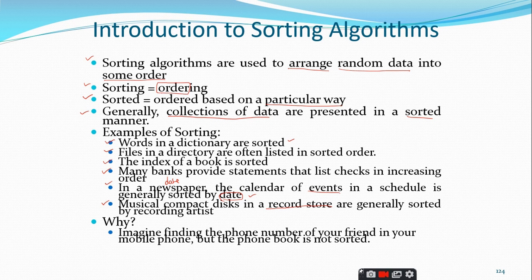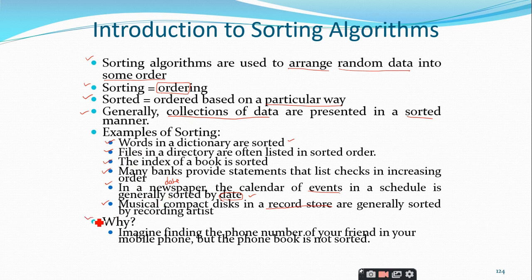Similarly, based upon musicians, you will have the different compact discs arranged in some sorted order, based upon the artist, singer, music director, whatever it may be. So these are all the examples we have seen.